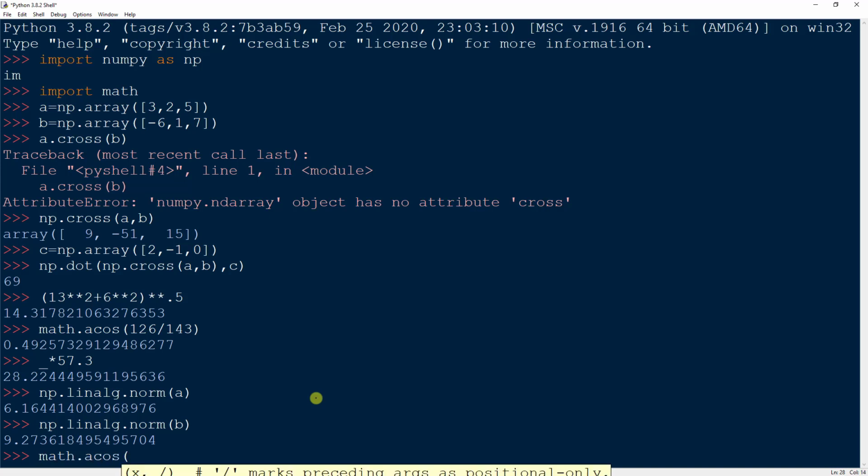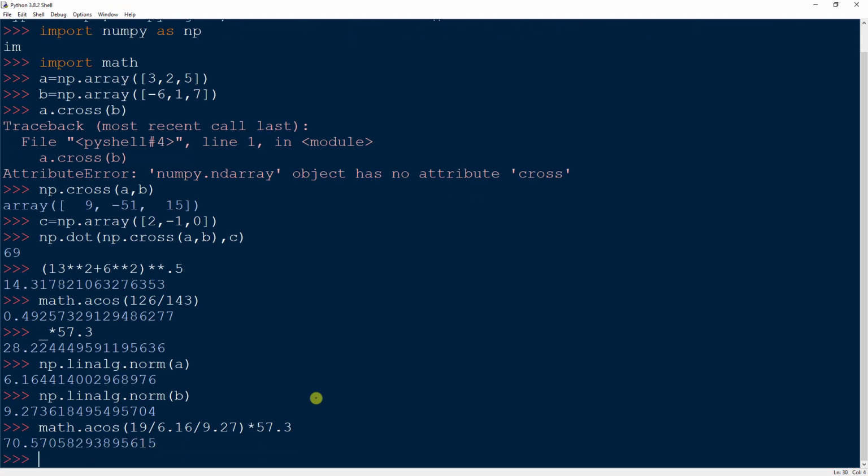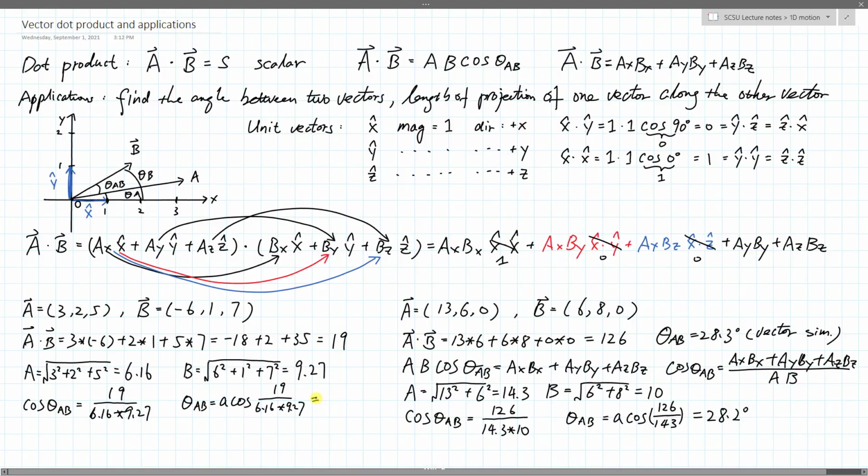So dot product over A's magnitude 6.16 or B's magnitude 9.27. Okay, and then we'll just scale it from radians to degrees. So the angle is 70.6 degrees. So here, 70.6 degrees. I would never be able to guess that if you look at these, right?